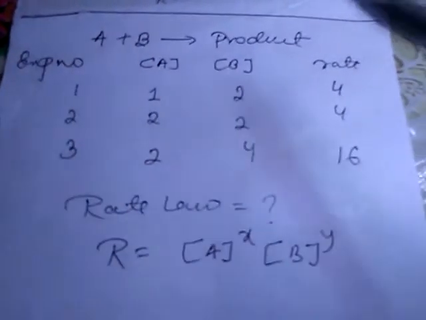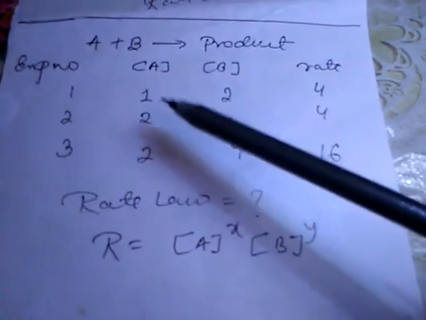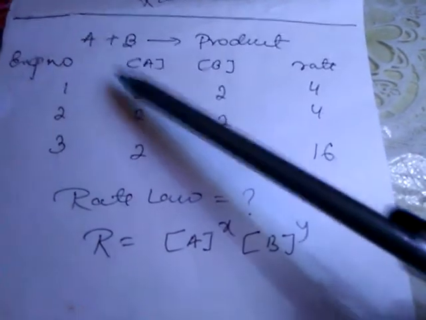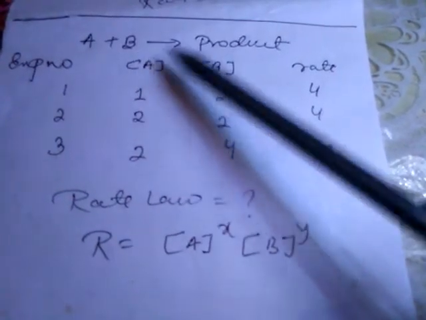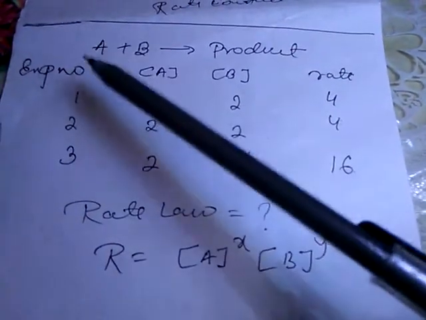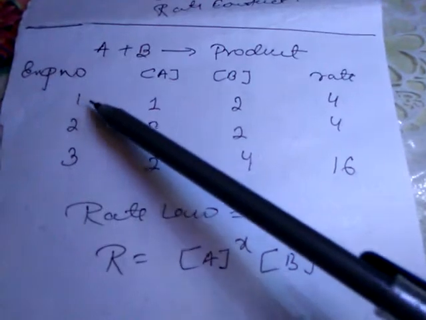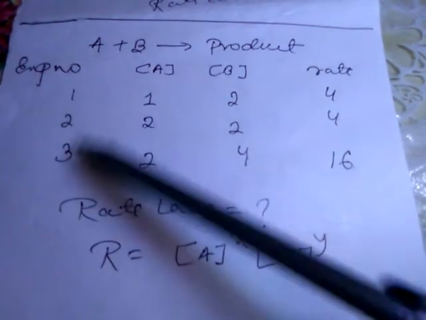Before ending, let's see one example of a hypothetical chemical reaction for understanding rate law. Here, A and B react, giving some product. We perform three experiments, 1, 2, and 3.